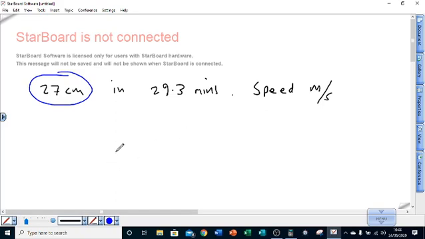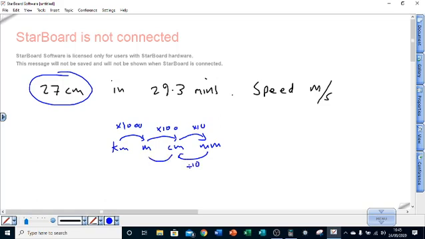If you remember rightly from our little diagram, which I'll quickly draw again, kilometers, meters, centimeters, millimeters, going down you times by 1,000, you times by 100, and you times by 10. And to go back on yourself, divide by 10, divide by 100, and then finally you divide by 1,000.